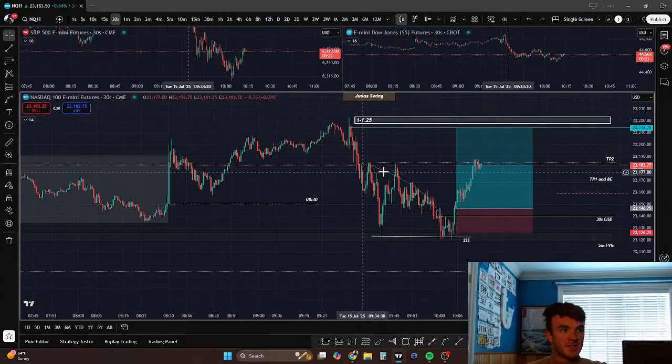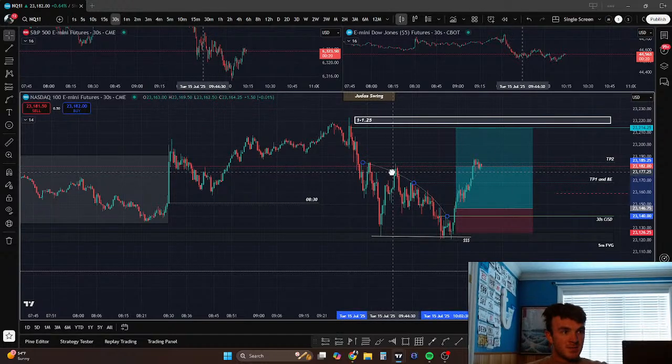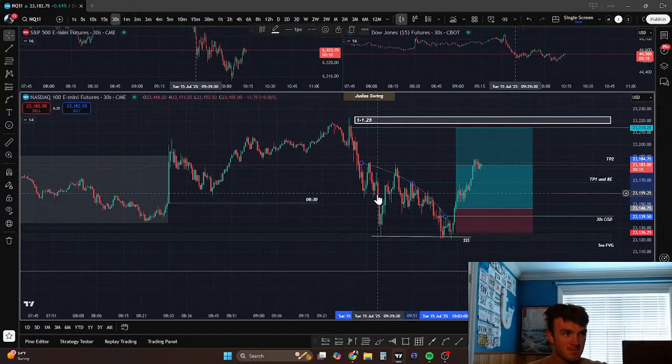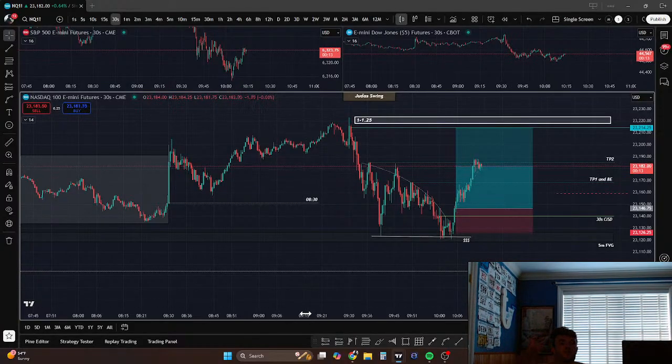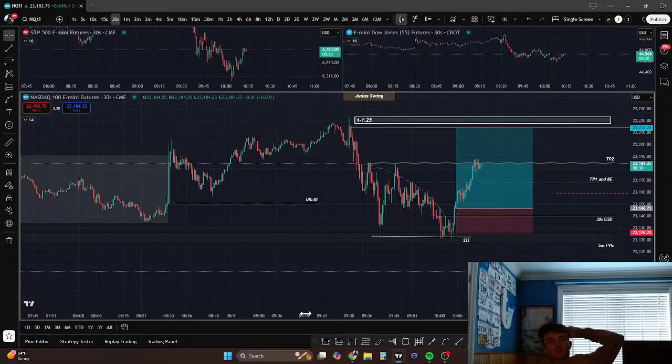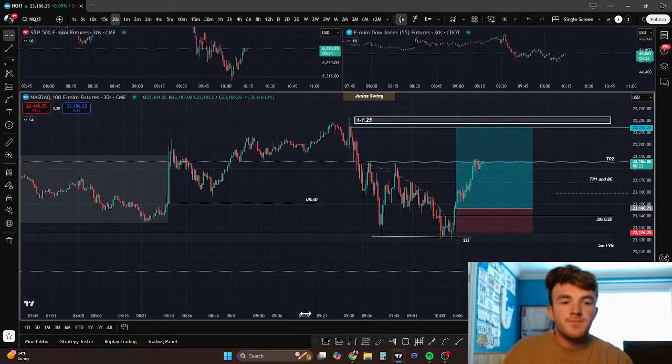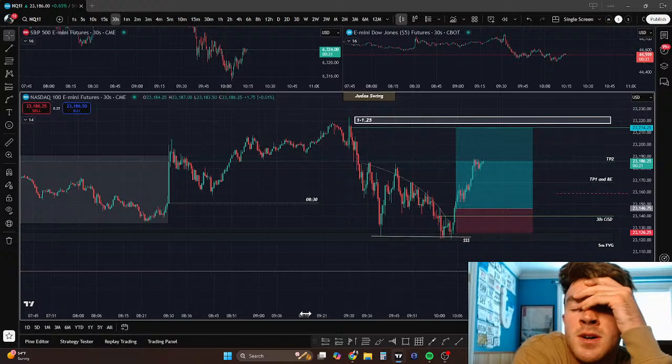This is a low resistance liquidity run here.